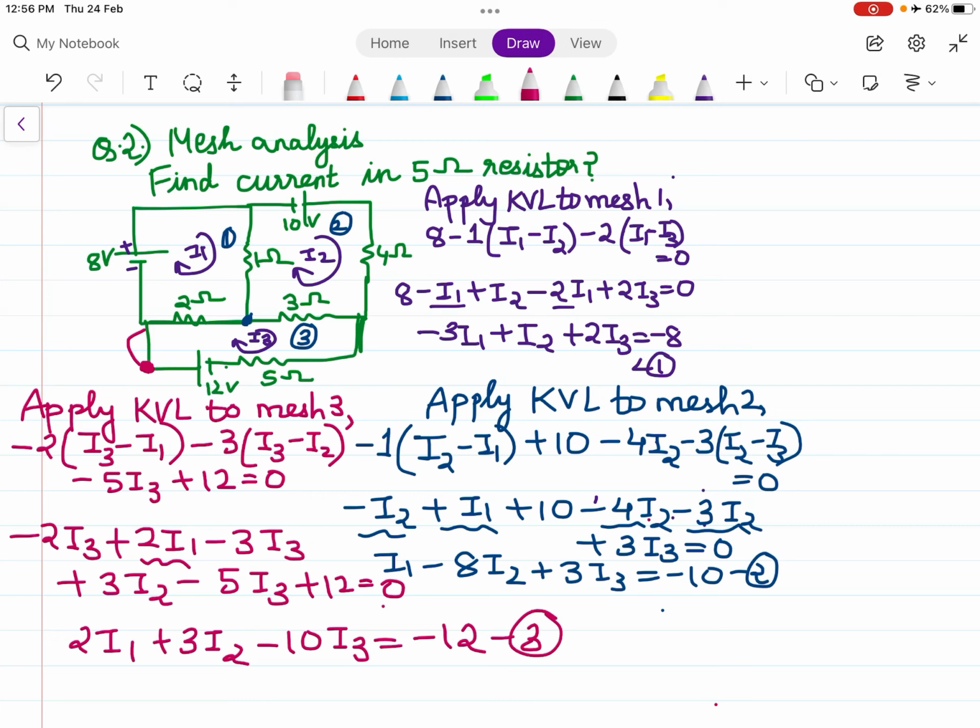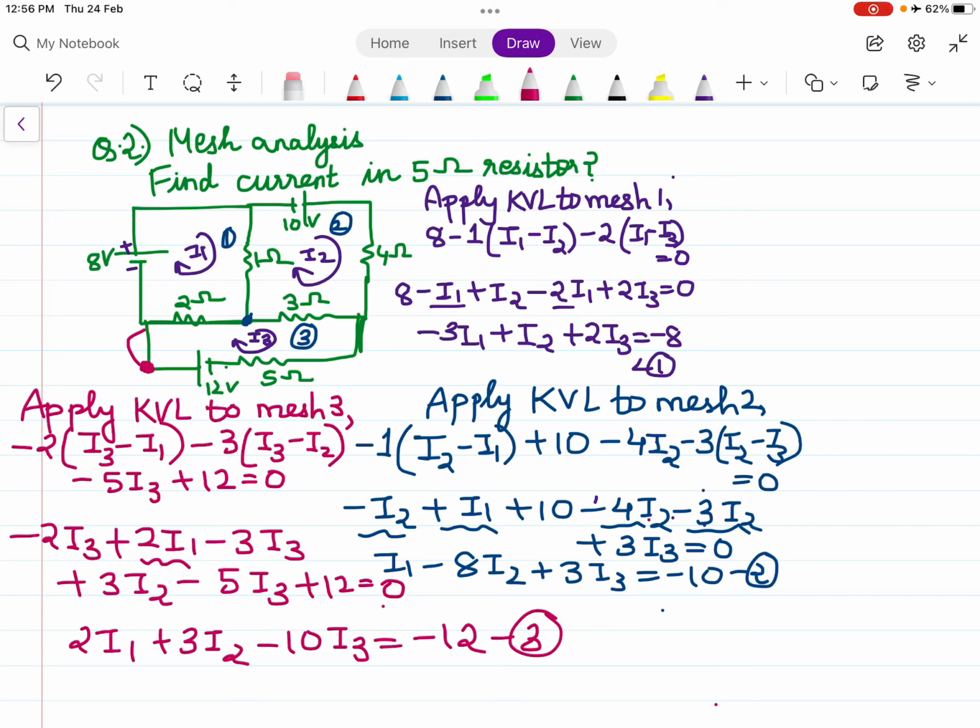So for I1, it is minus 3, 1, then 2, then minus 8. Second equation as 1, minus 8, 3, minus 10, then 2, 3, minus 10, minus 12.